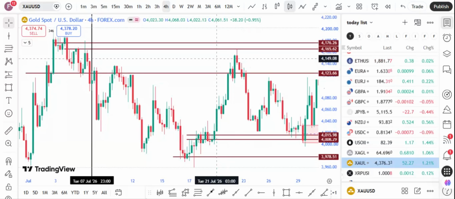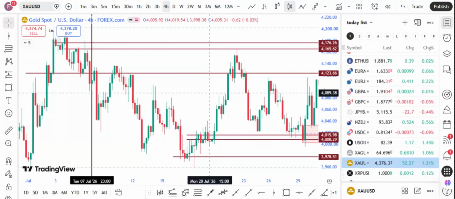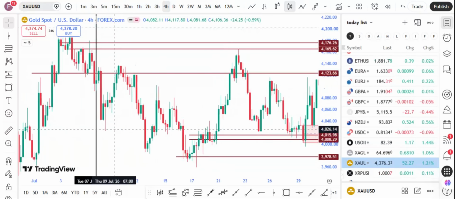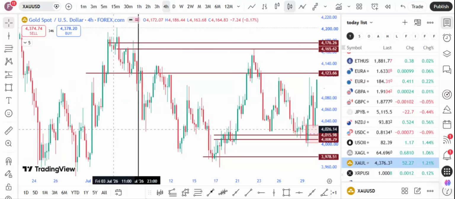Once 4 hours prints an engulfing candle, it is guaranteed that it is going to sell, but it's only guaranteed at strong zones. If that zone is weak, it's not guaranteed. But if this zone is actually a strong zone, it is guaranteed.